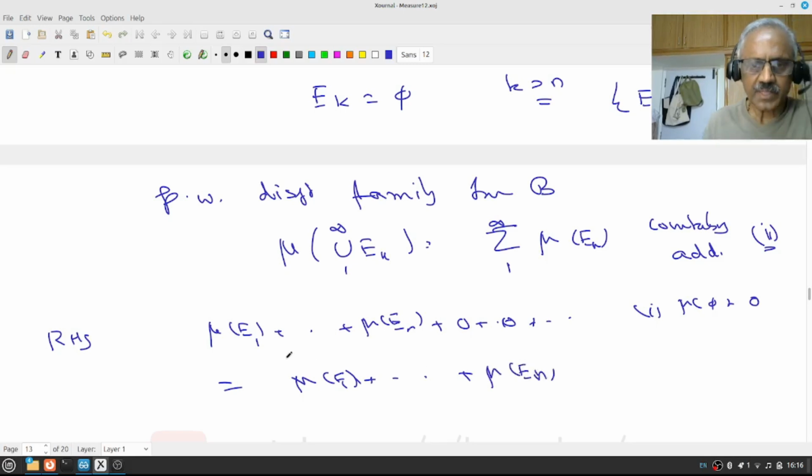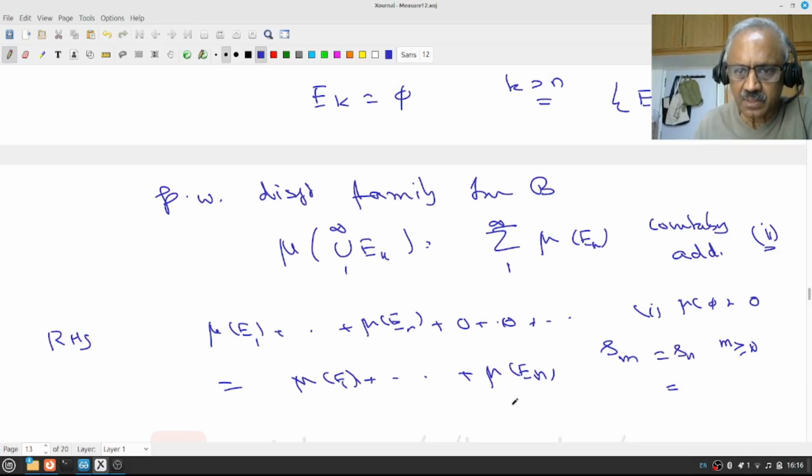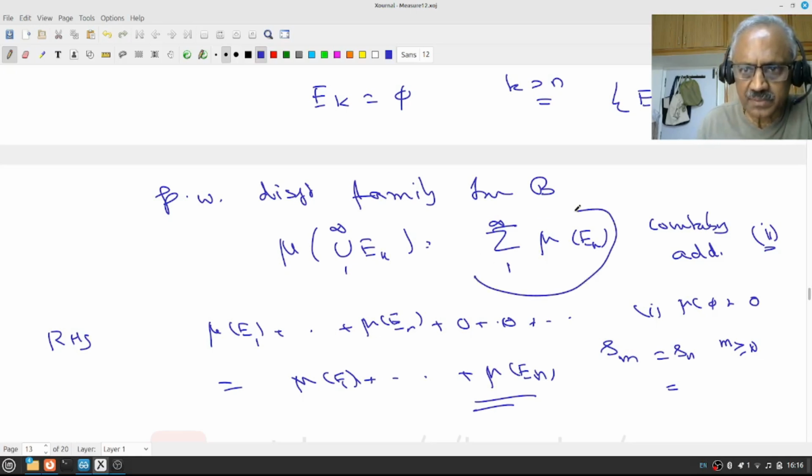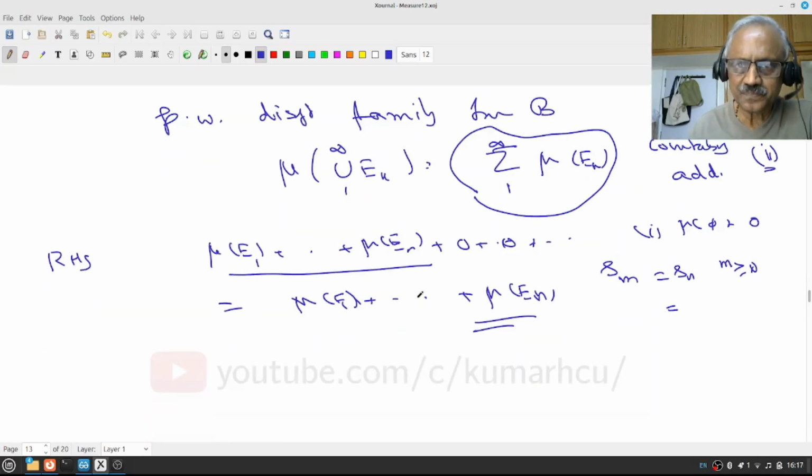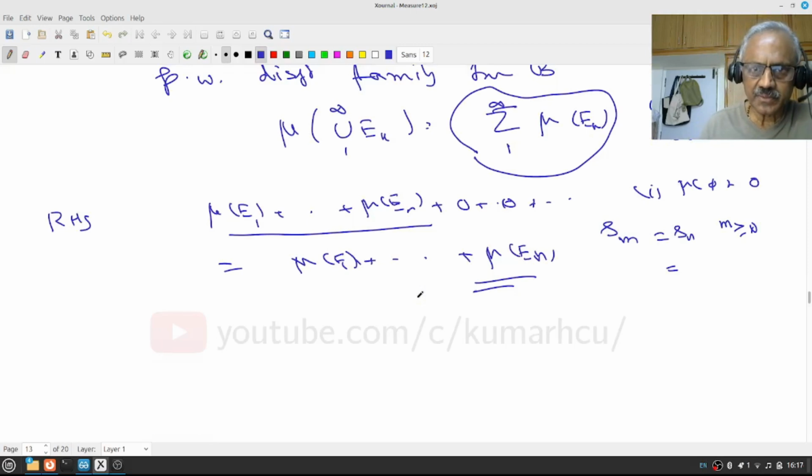Because for any m greater than or equal to n, the partial sum is nothing other than Sn, which is mu of E1 plus up to mu of En. Therefore this series is convergent and it converges to this finite sum. Not finite numbers, what I mean is finite sum. Is that clear?